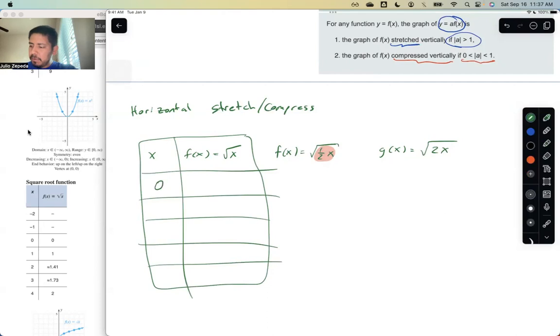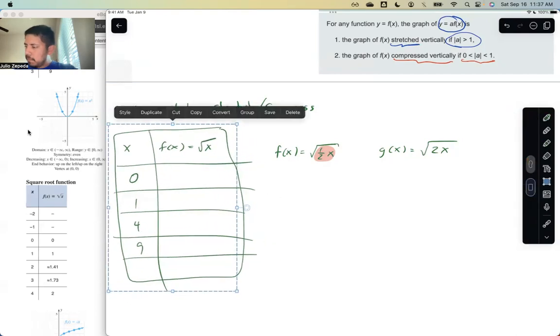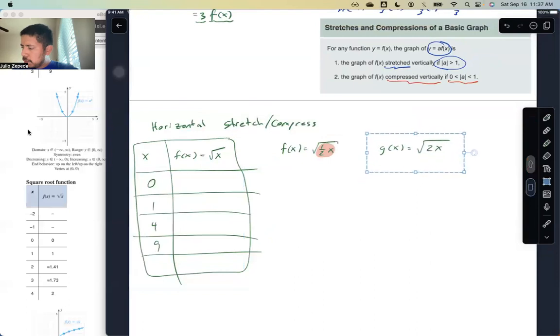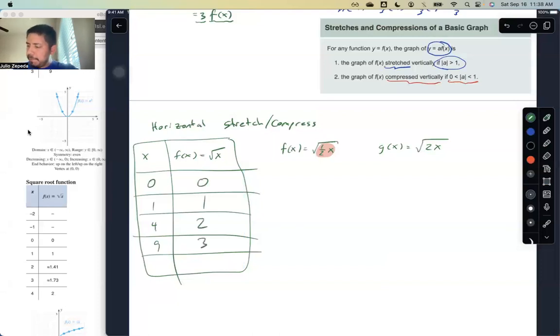We said 0, 1, 4, and 9 were good values to choose. And the y values were 0, 1, 2, and 3.